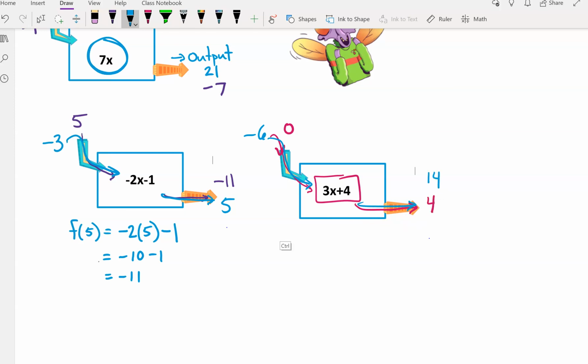So again, this is how your algebra would look if we're taking the function. This is shorthand, remember, for the function evaluated at negative 6. And everywhere we see an x, we replace it with our negative 6. Okay, so we continue to simplify.